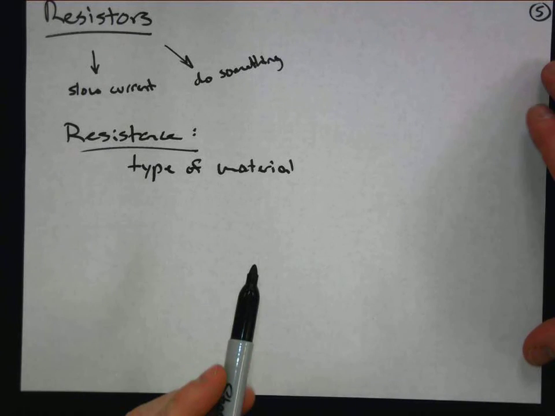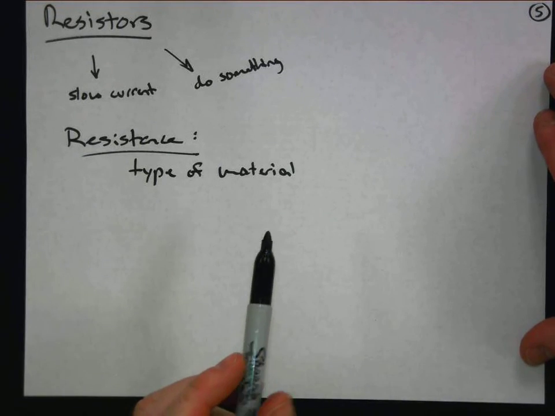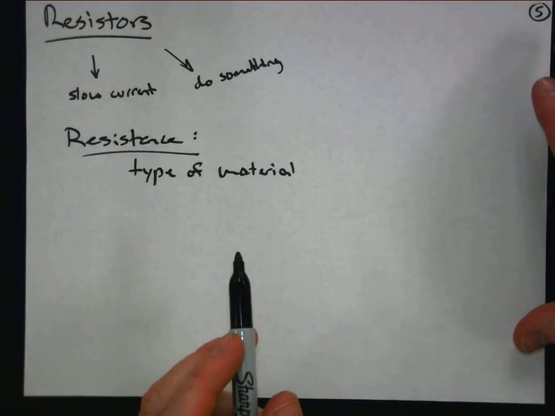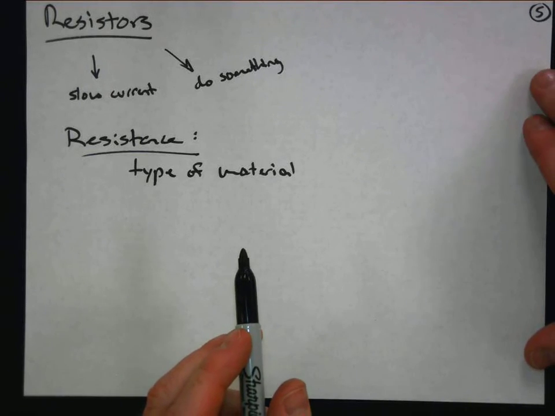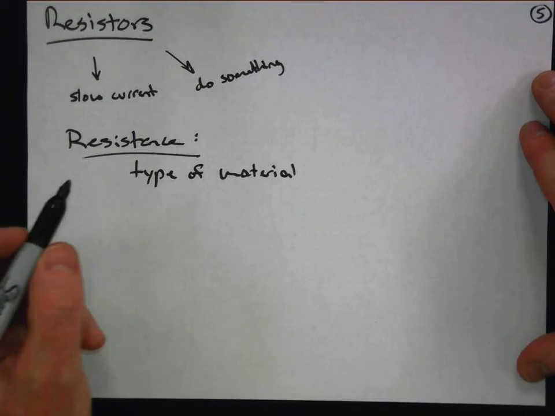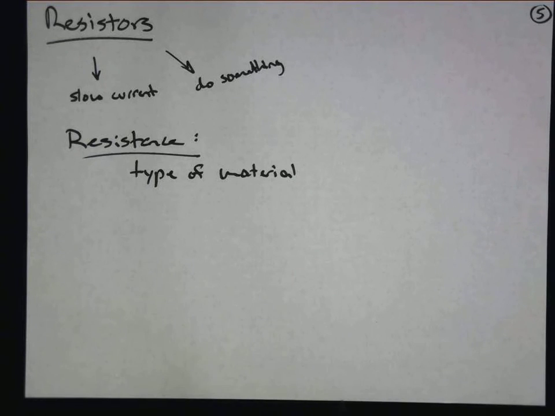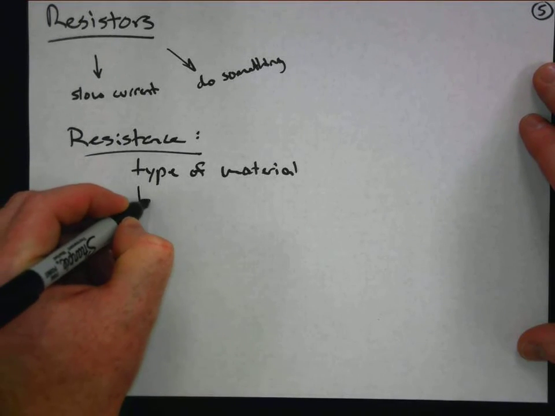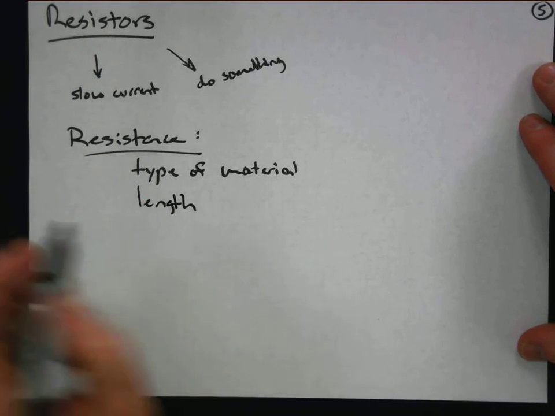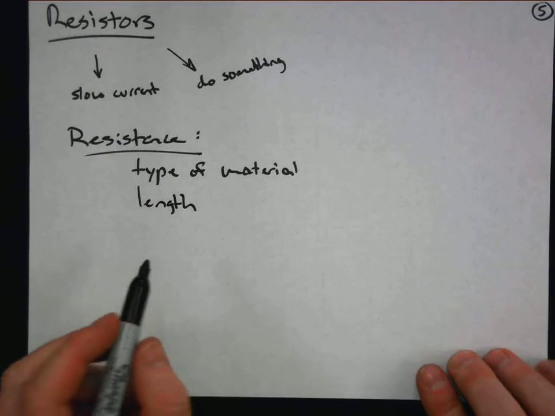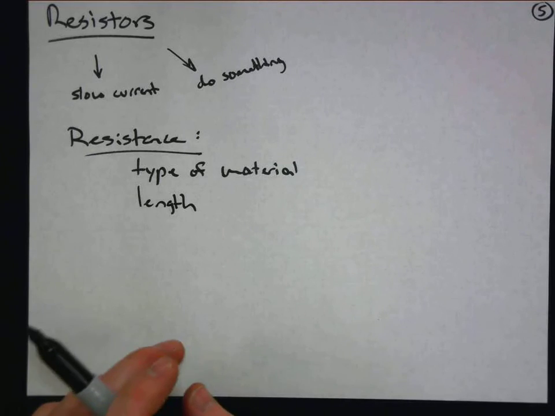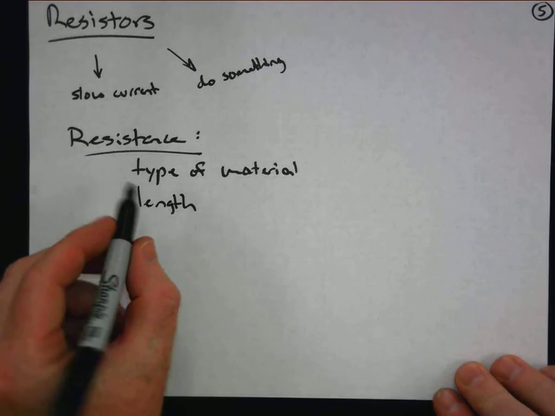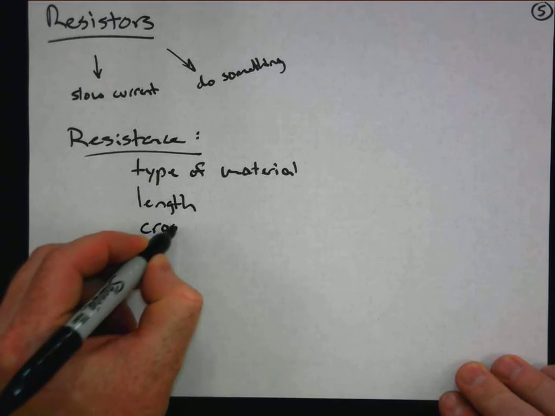Some materials are poor conductors or good insulators, and they'll have a relatively high resistance. If you have a wire, the resistance does depend on the length of the wire. A longer wire will have more resistance. It also depends on the size or thickness of the wire, the cross-sectional area.